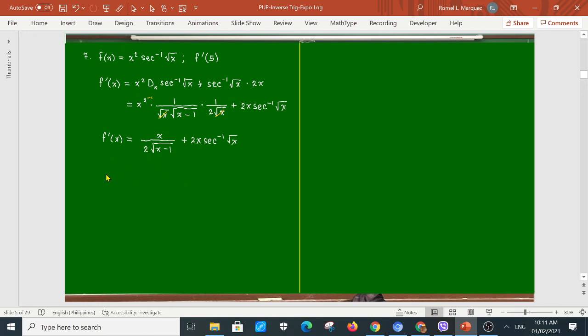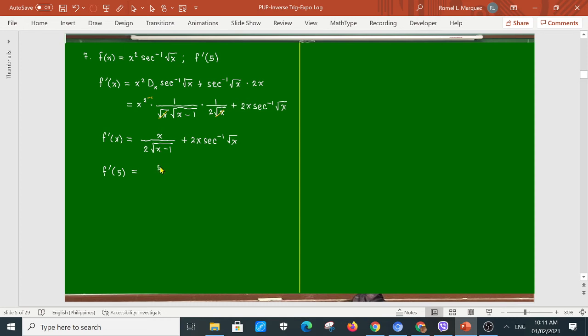So let's now evaluate the value of this derivative when x is 5. Remember, the derivative is interpreted as the slope of the curve at the point where x is 5. So if you graph this, the slope at x equals 5 is the value that we will get.